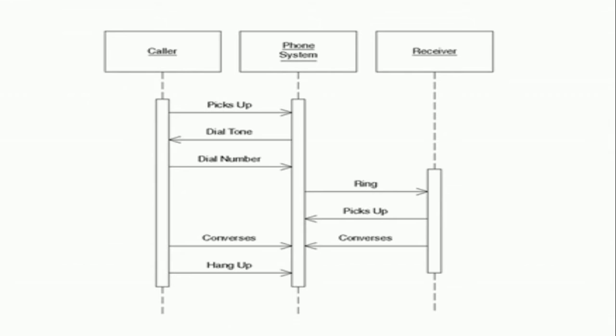Both are in the conversation and then there is hang up. If any one of the parties wants to disconnect, they can disconnect. Okay, so this diagram shows the interaction diagram.